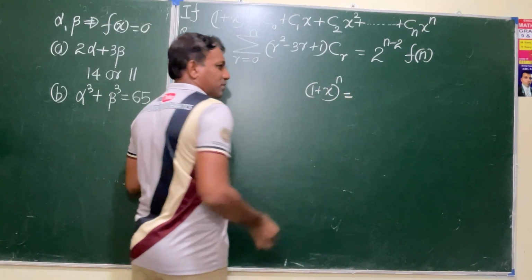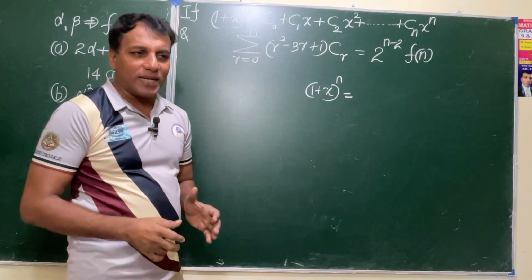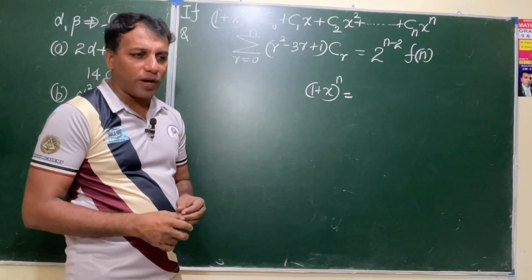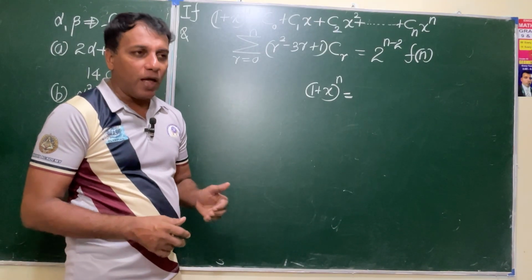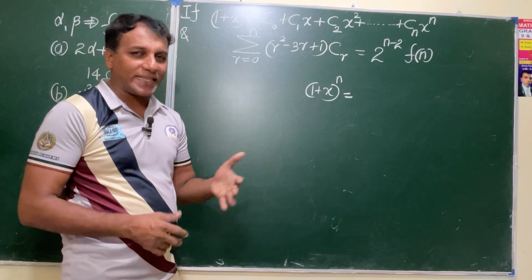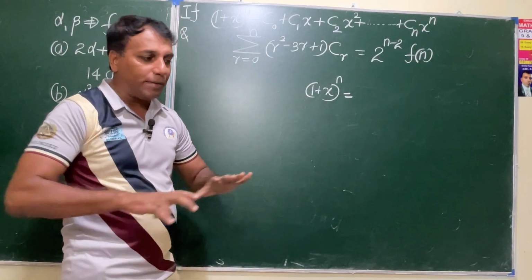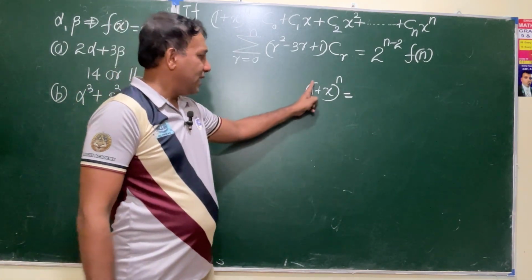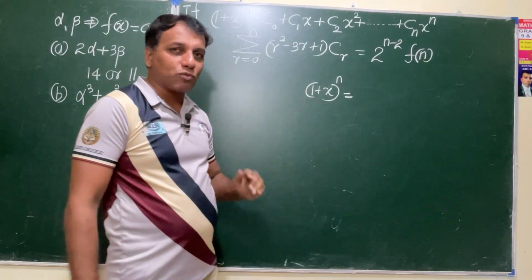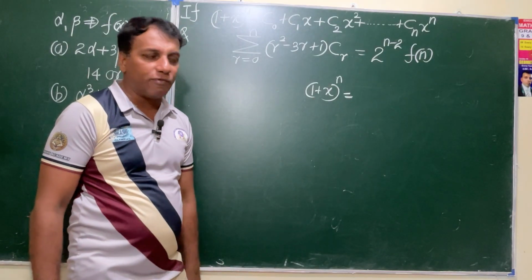For any power, basically we start from the primary-level classes: (a plus b) squared, (a plus b) cubed, (a plus b) to the power 4, and by Pascal's triangle you can expand many more. Later, a is 1 and b is x, giving the (1 plus x) to the power n format.